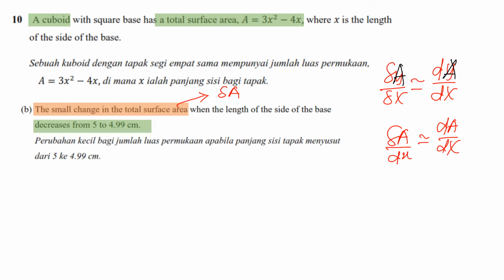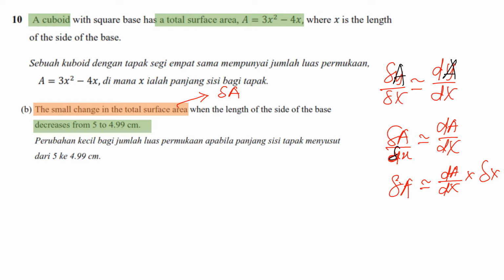So how to get the value? Right, very good. Del A is approximately dA over dx times del x. Sorry, this is del x. Right, this is del x. So now, what is the value of dA/dx and what is the value of del x?